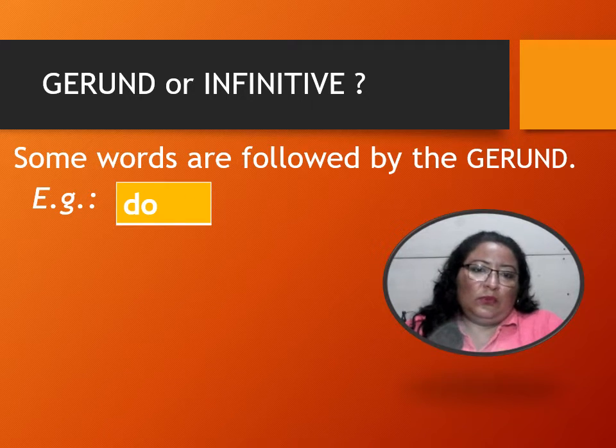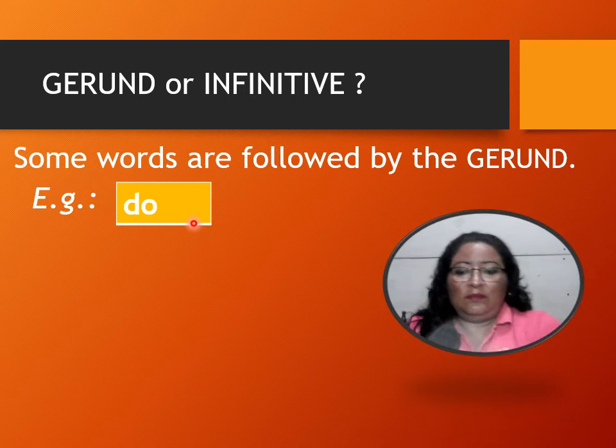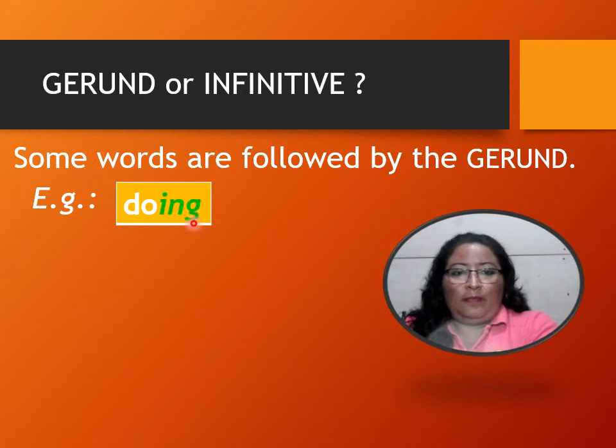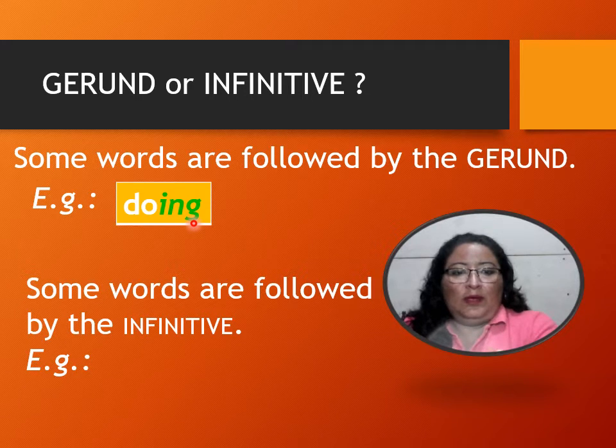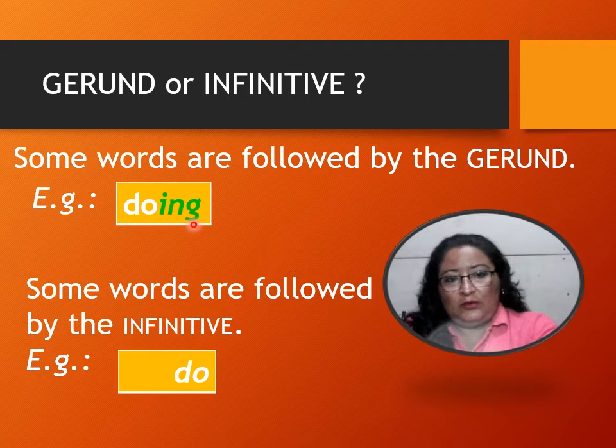Example, do with ing, it's doing, that's the gerund. Some words are followed by the infinitive, but which is the infinitive word? If we add to before the base form of the verb, we can add to.